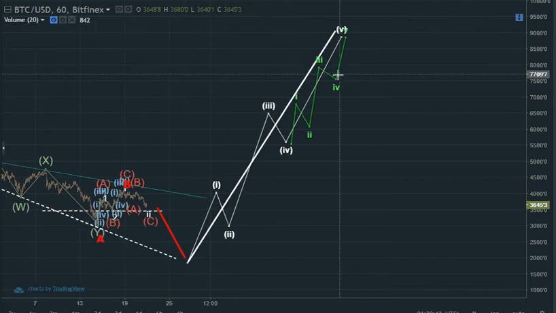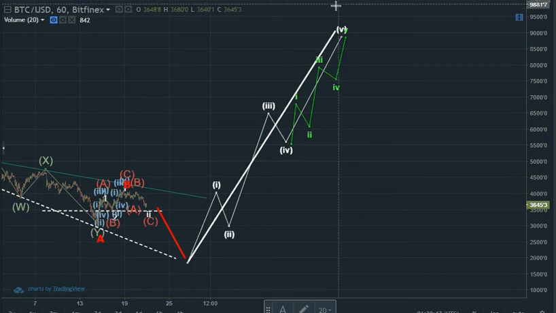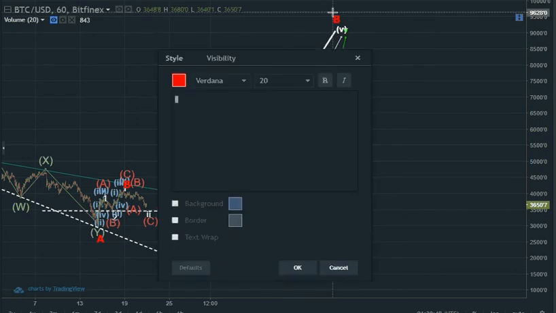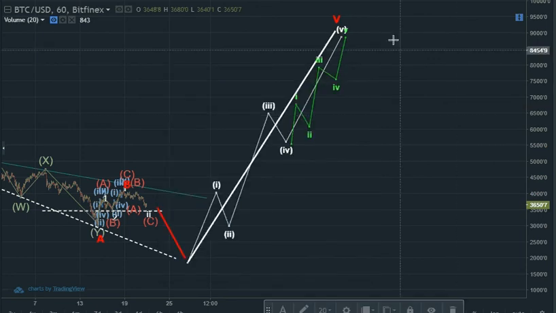Why would I be 100% out? Because this is wave 5. Tippy top of wave 5. What happens after wave 5?